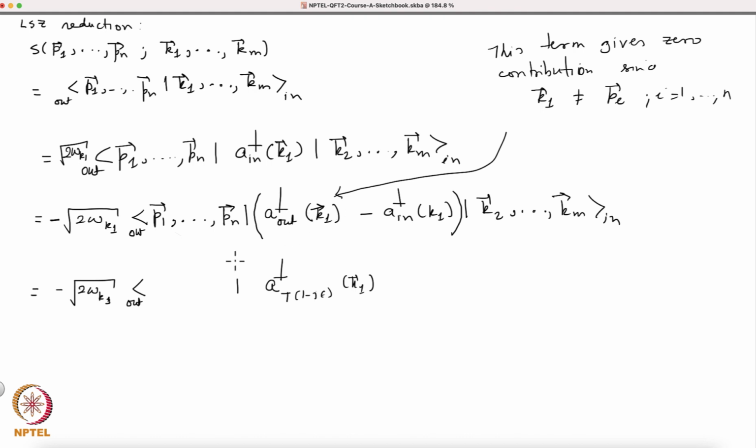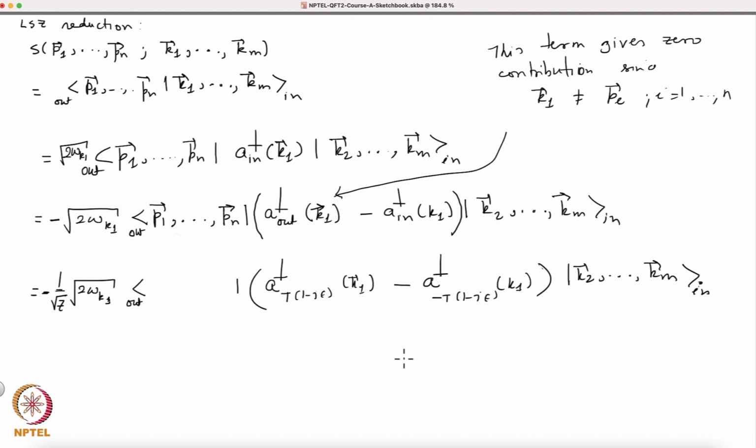Okay, for both of these you will have 1 over root z, so I will write minus 1 over square root of z times this minus, now what is a_in dagger? a_in dagger is minus t1 minus i epsilon, and of course a dagger here, k1, and then you have k2 to km, n.